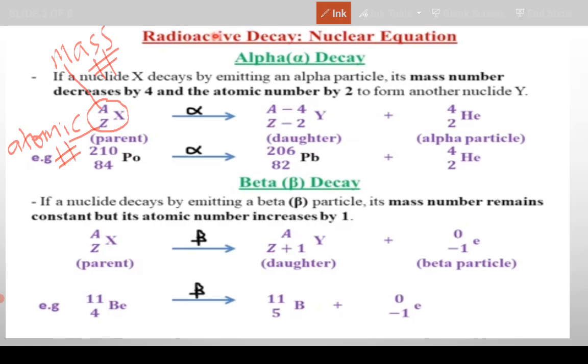Alright, so in the course of undergoing radioactive decay, the mass is going to decrease by 4. Why? Because an alpha has a mass of 4 and an atomic number of 2. So when this is being emitted from an element X, it means the mass number is going to go down by 4. It's like we are subtracting the mass, 4, from the original mass.